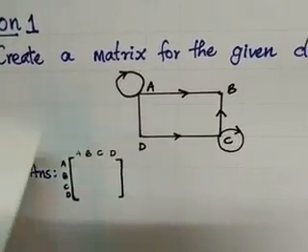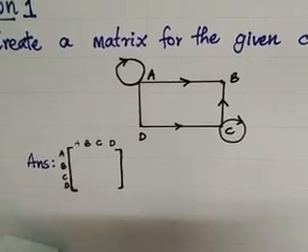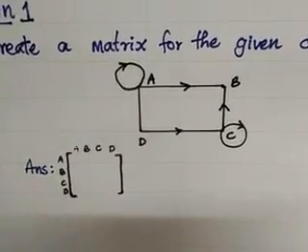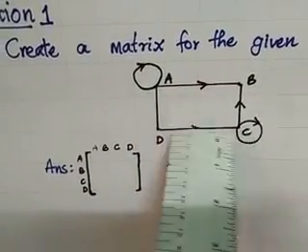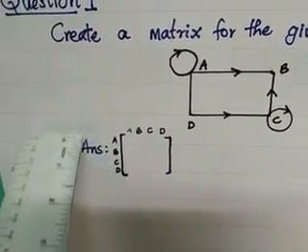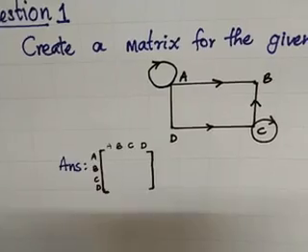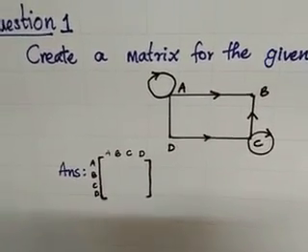If there are 5, then we have to keep A, B, C, D, E, and here also A, B, C, D, E, like that. So the first step is to note how many vertices there are, so that we can mention here A, B, C, D and A, B, C, D. Sometimes it can be different alphabets also.